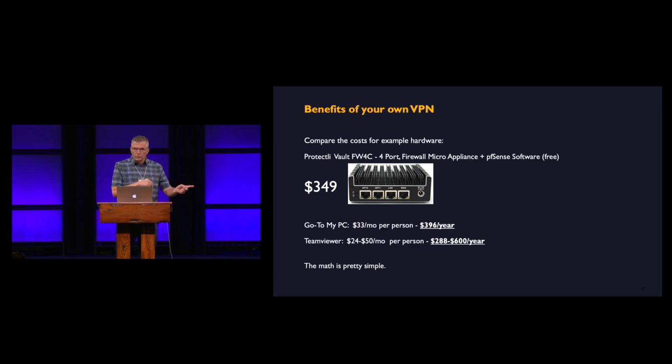So doing this once, you've already got back that recurring cost, and every year out, you no longer have it. And this is just one example. Same thing goes for TeamViewer. Depending on the packages you have and how it's set up, anywhere between $288 to $600 a year per person. So again, the math is actually quite simple. There's your fiscal argument to take back to your pastor and say, this is why we can afford this.